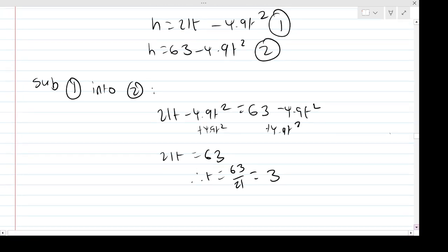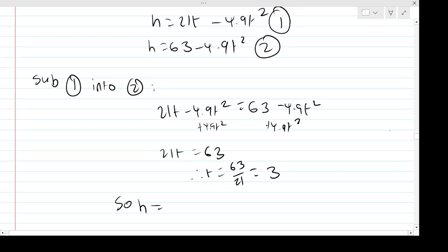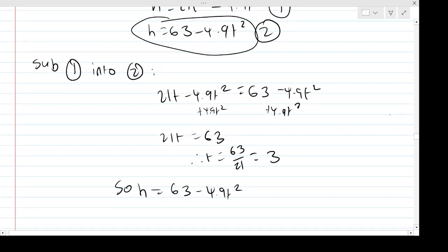But we want the height, right? We want h. So we're going to sub t into either equation. Let's substitute it into the second one. So h is going to be 63 take away 4.9t squared. Well, if t is 3, h is going to be 63 take away 4.9 of 3 squared.